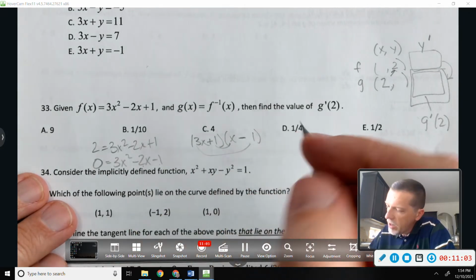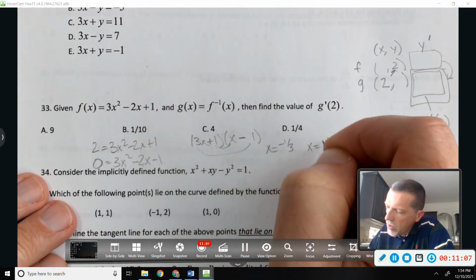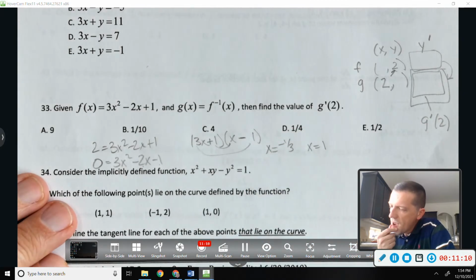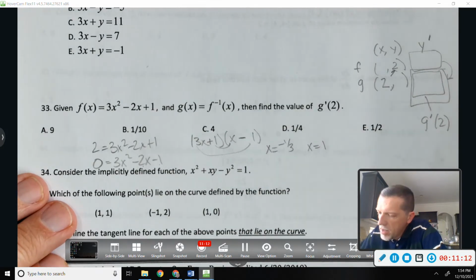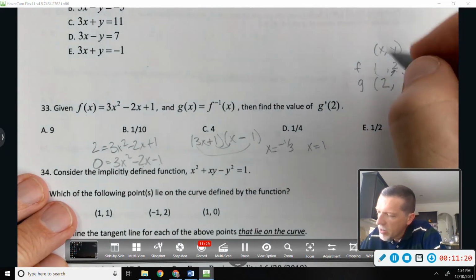So we're good there. So x equals negative 1/3 or x equals 1. Interesting. Well, so I don't know if we should use 1 or negative 1/3.